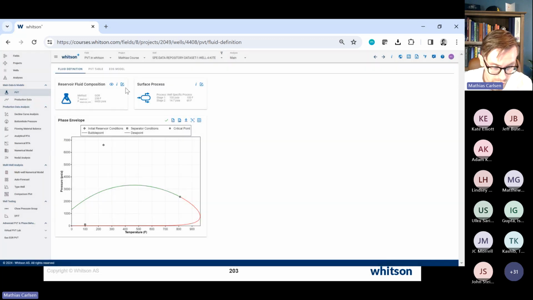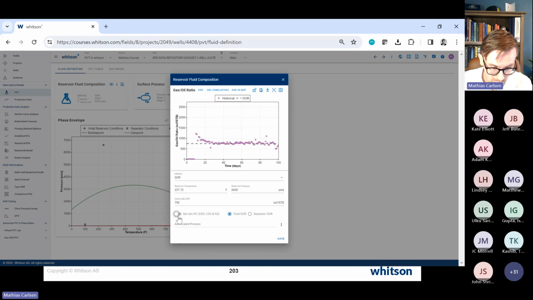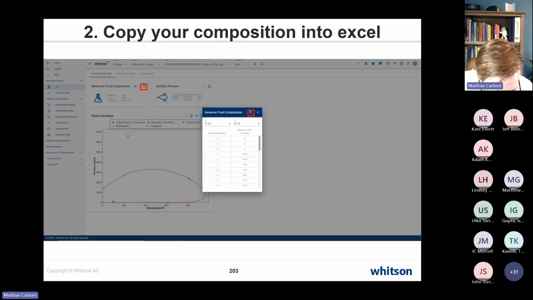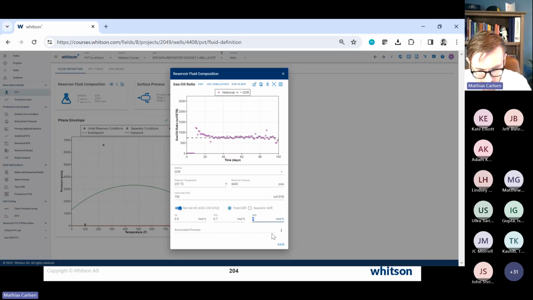So if you want to set those, you go back in here and you see, okay, I would like to set the non-hydrocarbon compositions. And then we can make that 0.5, 0.7, and I'll just keep the last one 0.